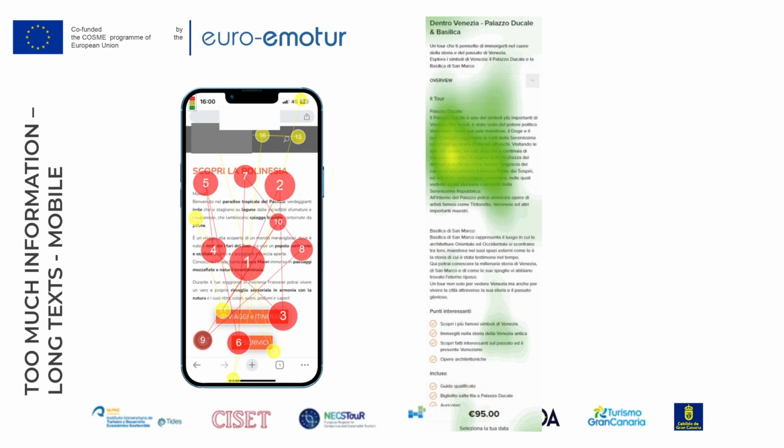On the gaze plot representation, it is very clear that the user is jumping from one point of the screen to another, and is not reading anything of the text in the center of the screen. So whatever was written here has not been registered in any way.